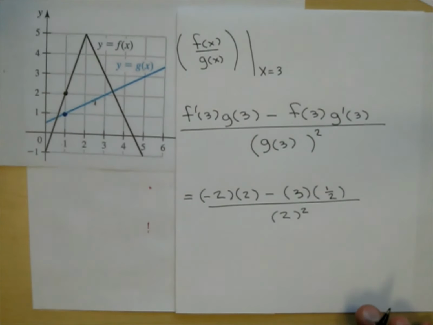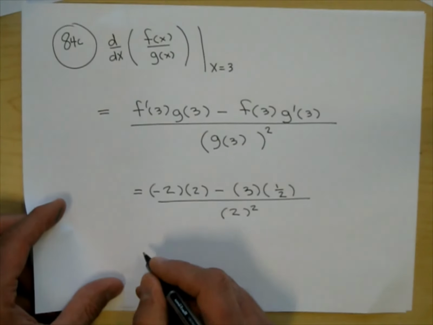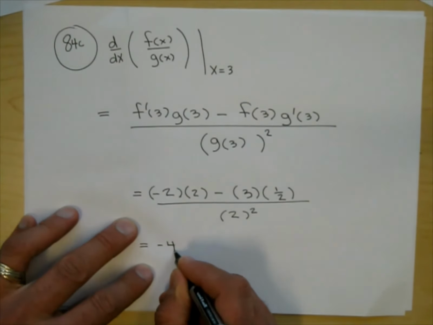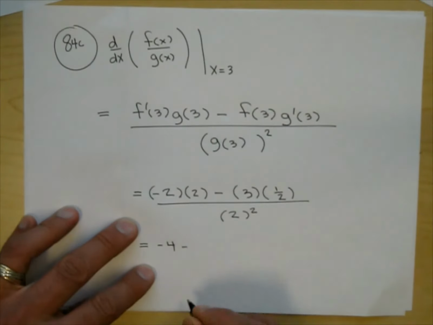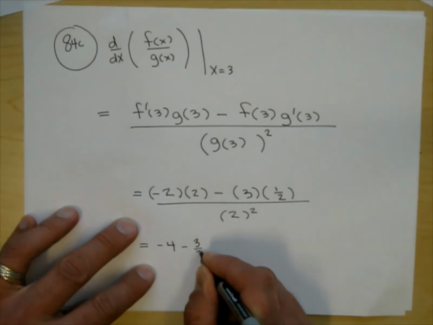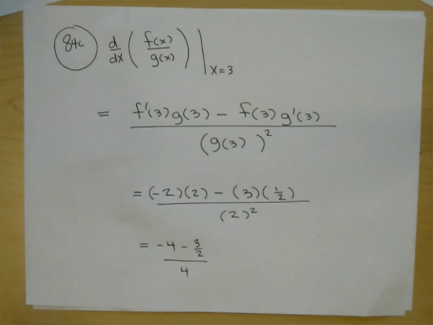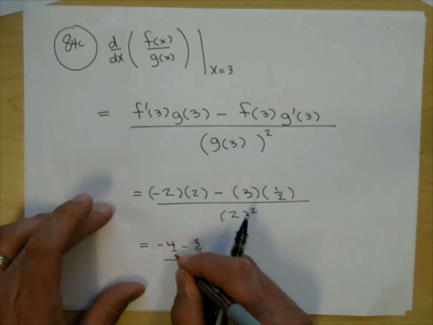Okay, so we're done with the graph. Go ahead and do the arithmetic on this. So on the top I have -4 minus 3/2. This is all over 4. I'm going to get a common denominator on the top.